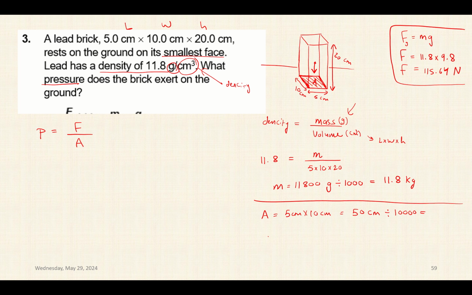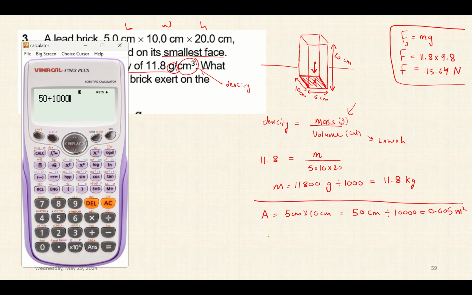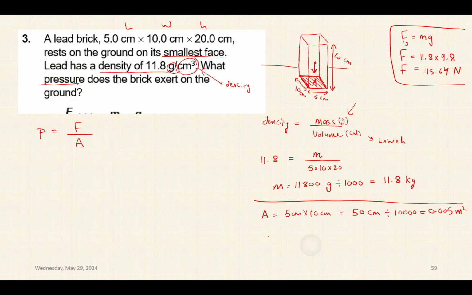That will give you 0.005 meters squared. You can use the calculator in order to validate the answer. That's the same number. Now that I have the area and the force, we will apply the pressure equation.